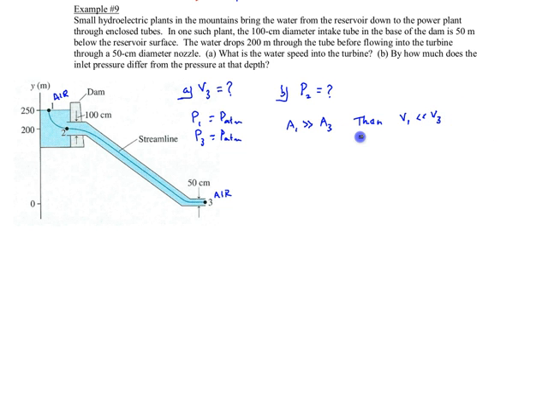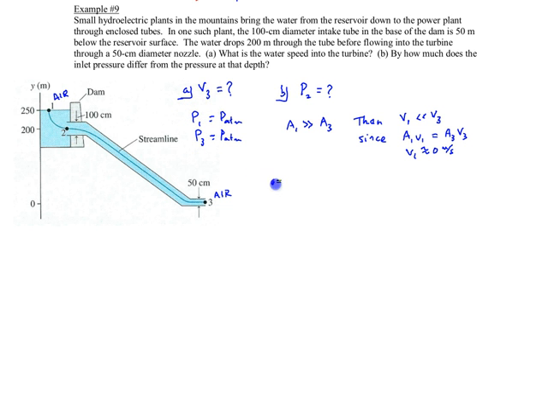And this is true because the area times the velocity equals the area times the velocity. The rate of flow of the volume that is flowing at 1 is the same as the volume flow at 3. But because the area is quite large here, this just crawls down, and since velocity 1 is so small compared to number 3, we're going to make the assumption that it is basically 0 meters per second. Okay? And also we've assumed that pressure 1 and pressure 3 are the same.